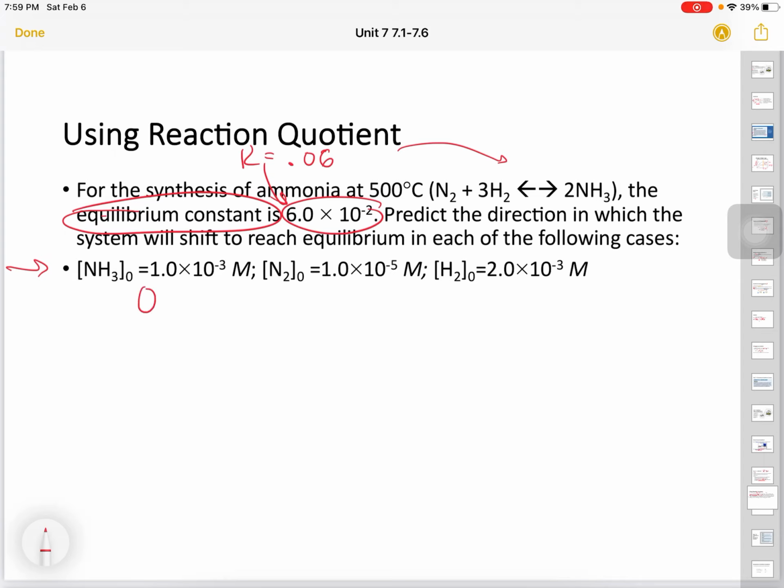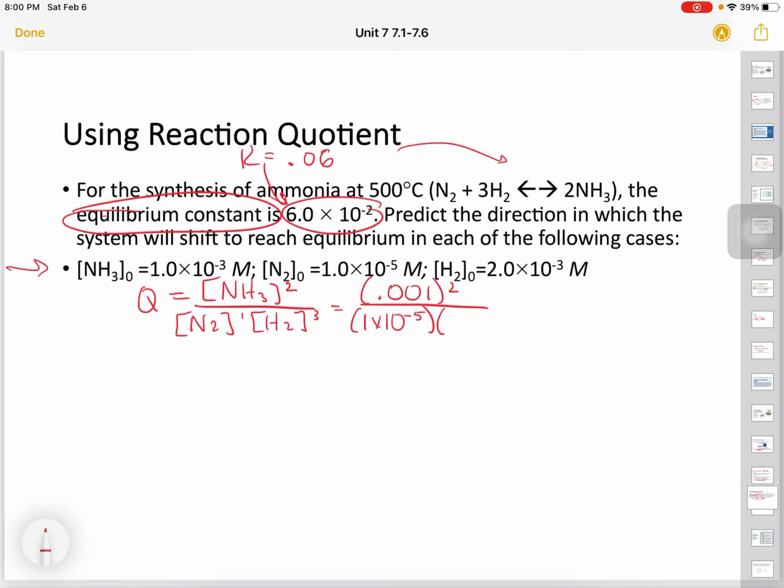So what we have to do is write a Q expression using the coefficients of the equation. So this would be ammonia squared, nitrogen to the first power, hydrogen to the third power. And now we're going to substitute that in. Where's my nitrogen?